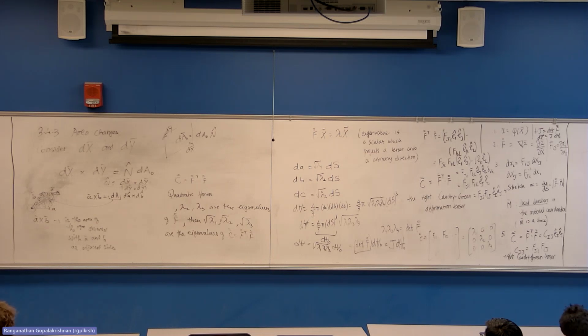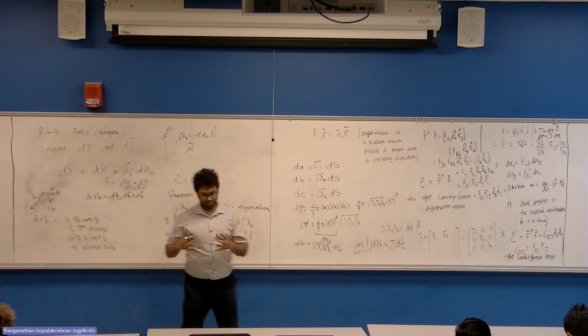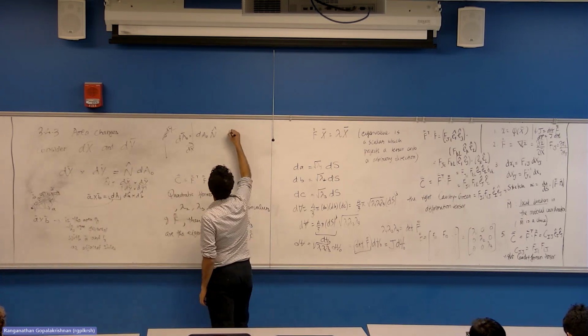I'm going to read a sentence from the book, which reinforces what I've been saying. This is page 80. As a result of the imposed deformation, characterized locally by the deformation gradient F, material vectors dX and dY uppercase are mapped to the spatial vectors dx and dy lowercase of the deformed configuration. For this entire material sample, F is our deformation tensor.